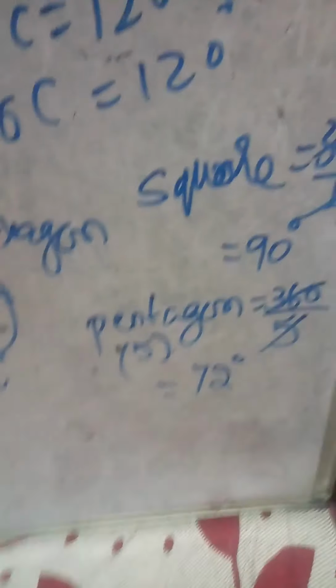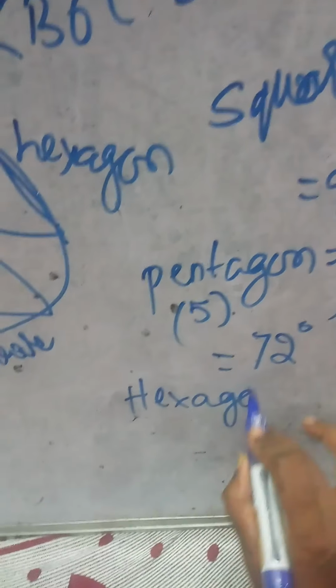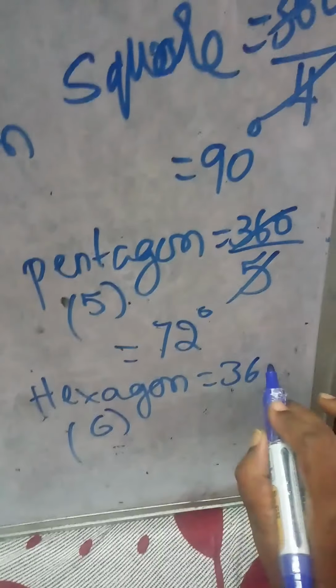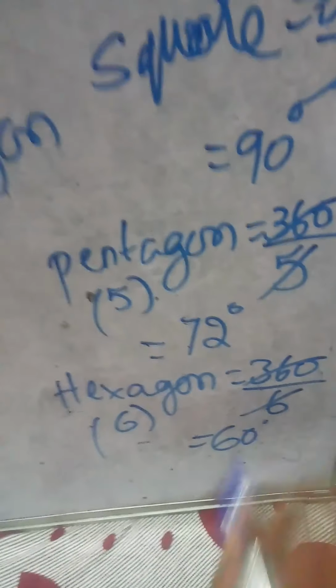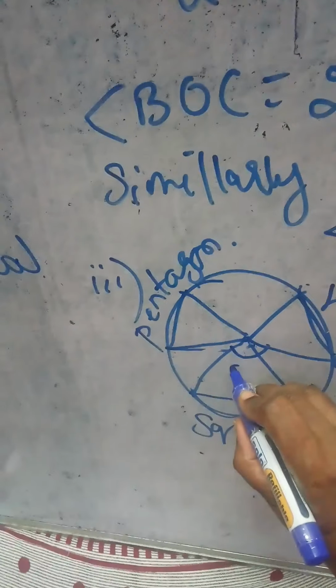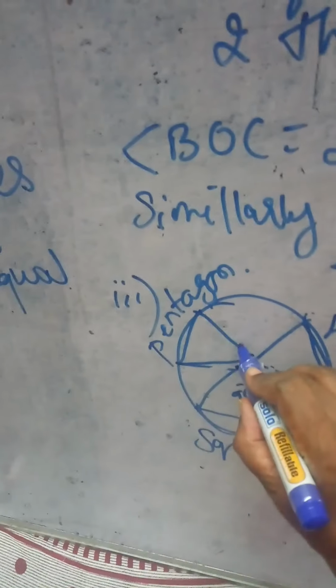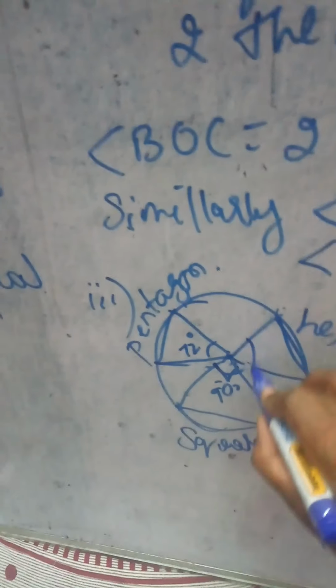For a hexagon, a 6-sided figure, it will be 360 divided by 6, which will be 60 degrees. So the angle subtended by a square will be 90 degrees, by a pentagon it will be 72 degrees, by a hexagon it will be 60 degrees. Understood?